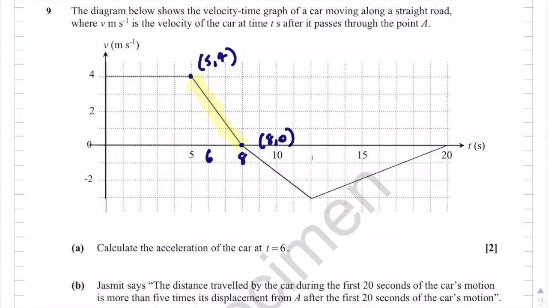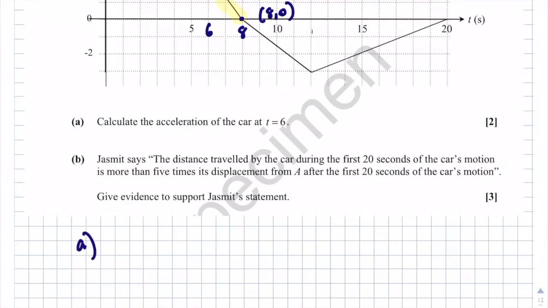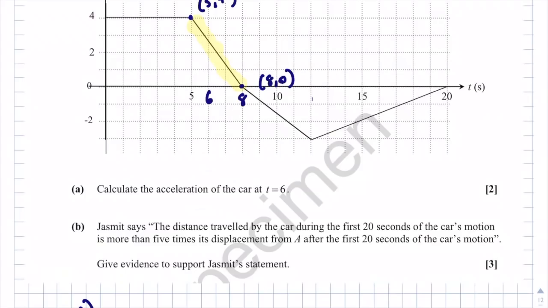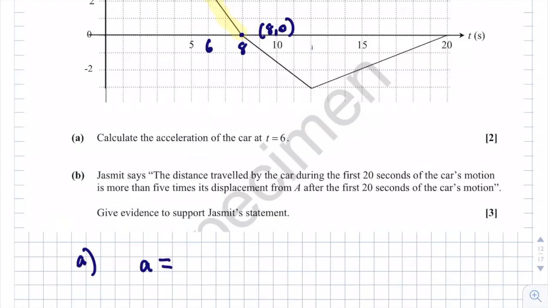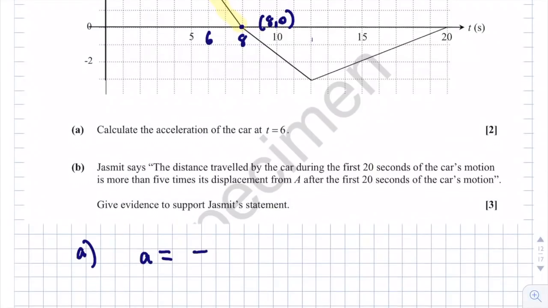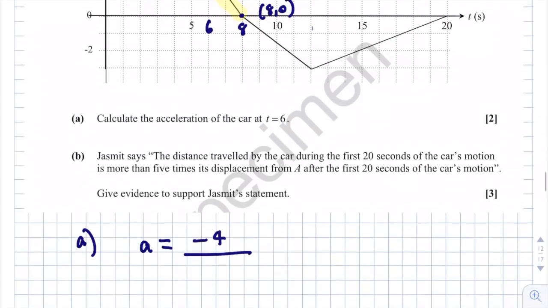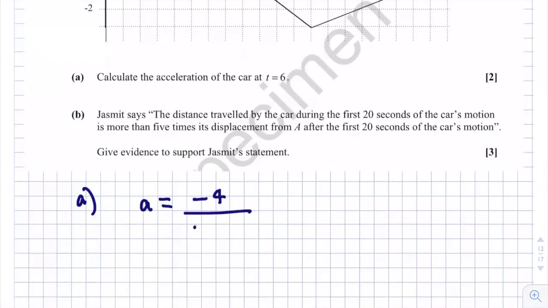Then work out the gradient. So we say a for the acceleration. It's change in y divided by change in x. So we go down 4 units, so negative 4 units, and for change in x we go along 8 minus 5, which is 3. So this simplifies to minus 4 thirds.